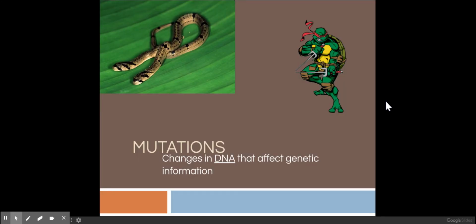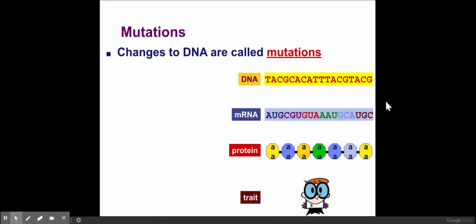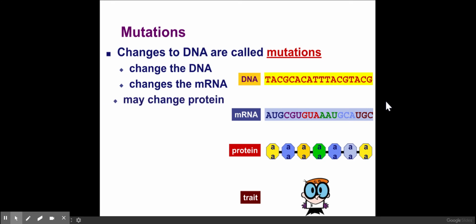All right, mutations. So mutations are just changes in DNA, and they're going to affect the traits that we see. So remember, if DNA codes for messenger RNA, and messenger RNA is used to code for a protein, or the order of amino acids in a protein, and those proteins result in traits, then if you change the DNA, you are going to change the messenger RNA, and you may change the protein.